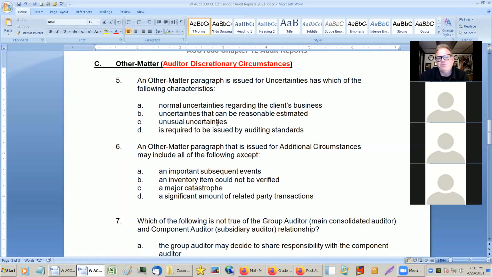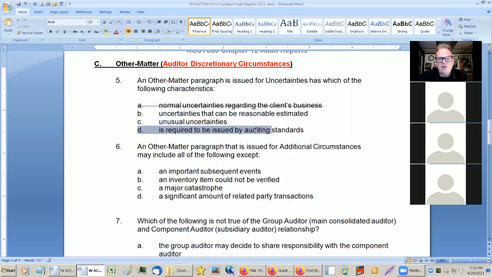Which one do you think? I'll tell you what, I'll make it even easier. Normal uncertainties are not in there. You know, someone may trip and fall in your restaurant. That's a normal uncertainty, so normal uncertainties are not in there.